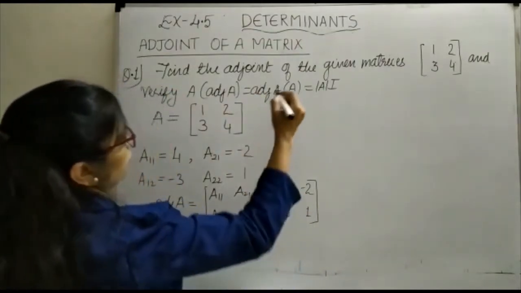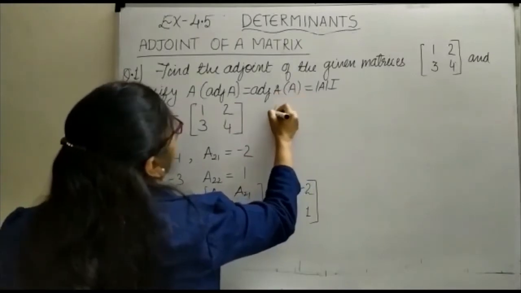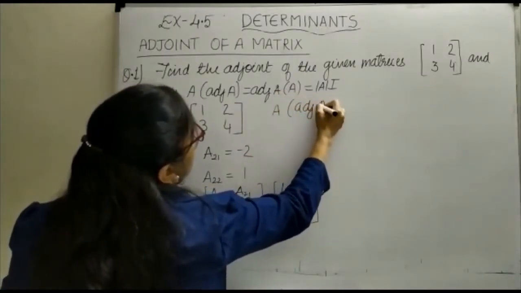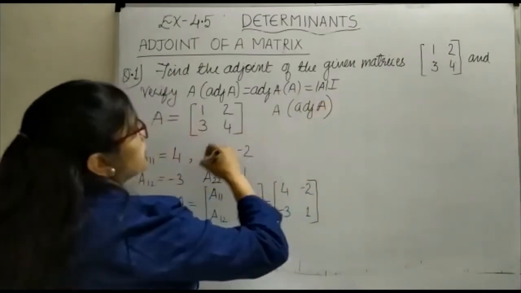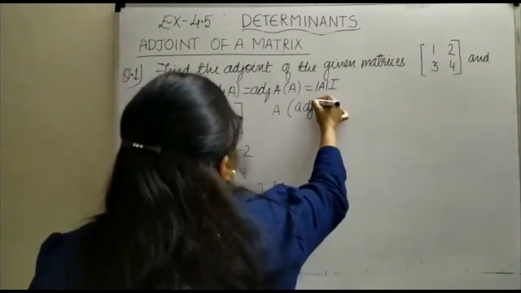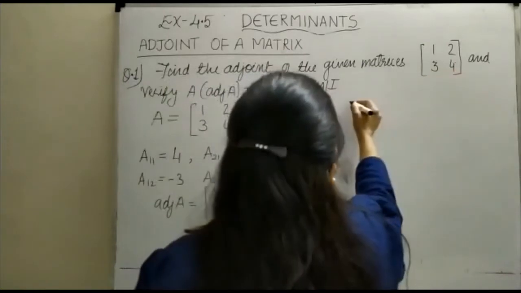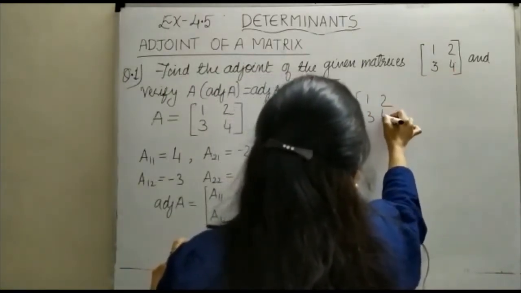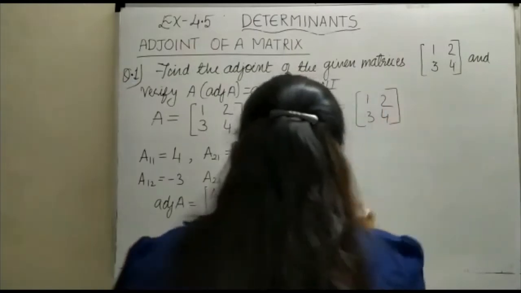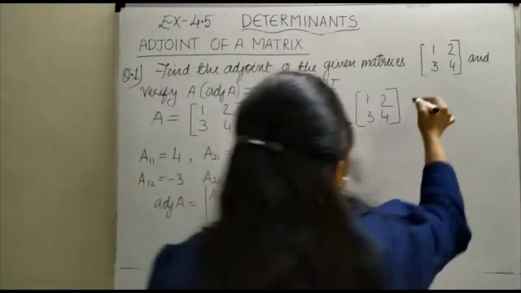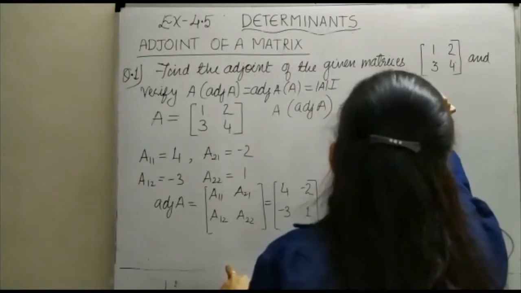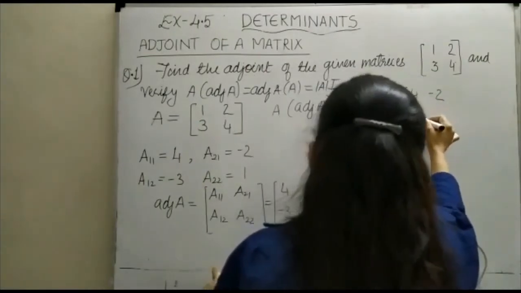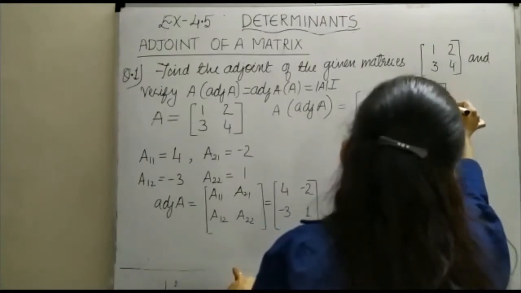A into adjoint A. Okay. Now just see. Where is A? Here it is. That is 1, 2, 3, 4, right? And your adjoint is 4, -2, -3, 1. Right?